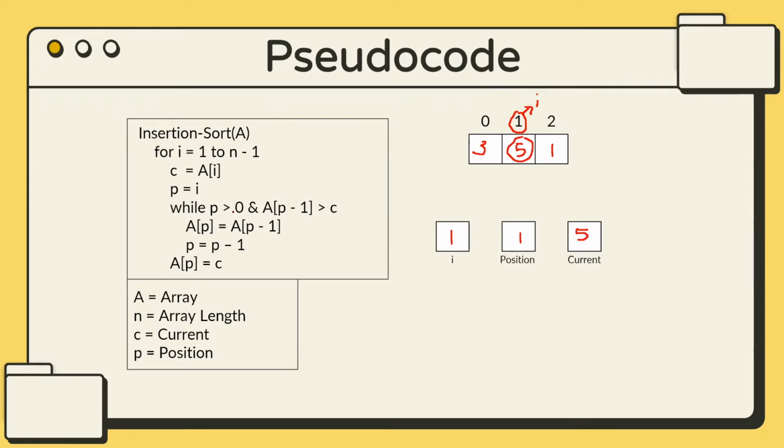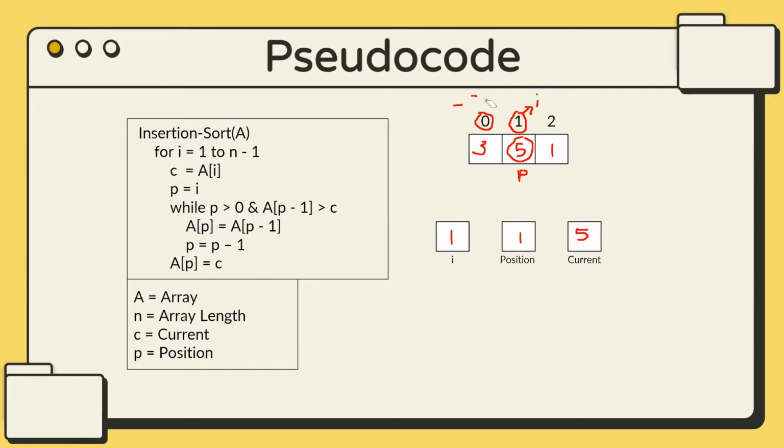The p is greater than 0, which is correct. And the array p minus 1, so p minus 1 is 0. So this is array p minus 1, which is 3, must be greater than the current number, which is 5, and it's wrong. If it's wrong, we will skip to the last line, which is array p, will be replaced by the current number, which is 5.